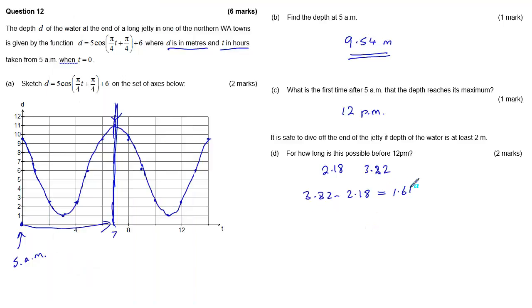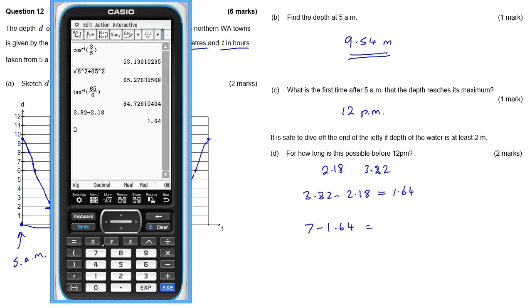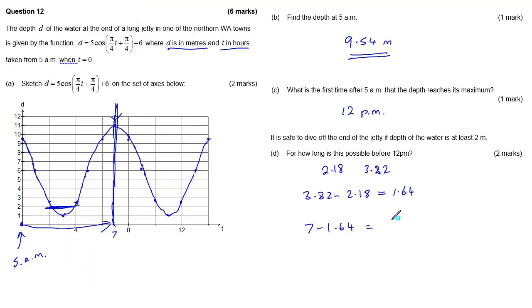So there's 1.64 hours where it's below 2 just here, and we can't dive during that time. So the amount of time that it is okay to dive is 7 take away 1.64. So 7 take away 1.64 is 5.36 hours.